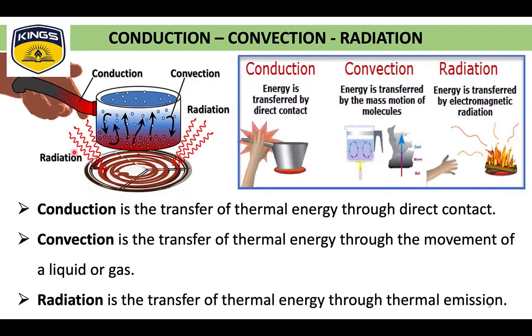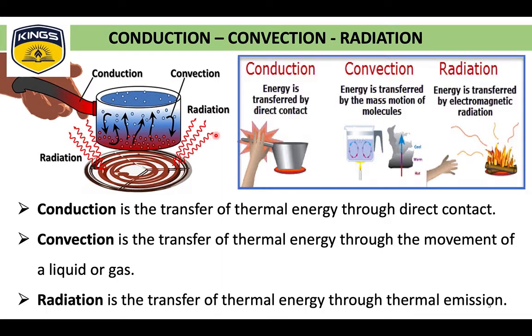Here I have given a very simple example: a stove with a basin of water while heating. This is conduction, and inside, the water molecules get heat and boil, which is convection, and the heat surrounding the stove is called radiation.